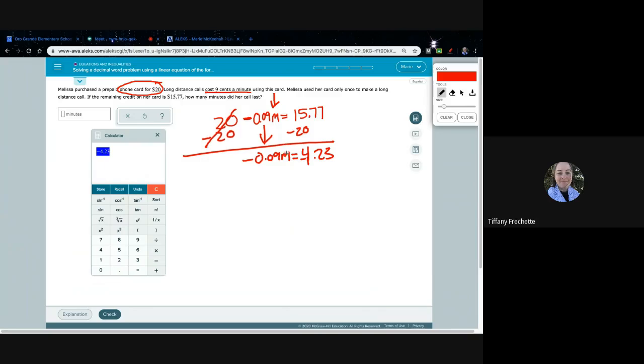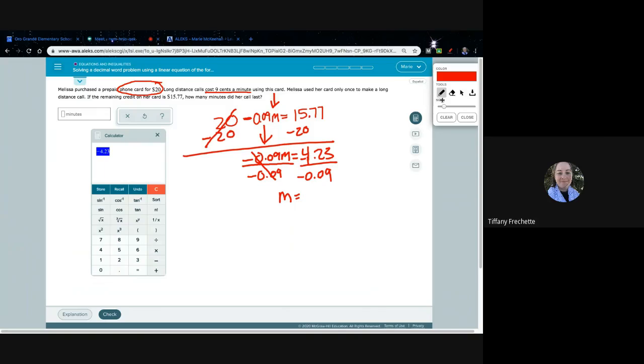And then the last step to get this M by itself, I want to undo the multiplication. So I'm going to divide by negative 0.09. I'm going to leave the M because I want the M to stay there. So I'm dividing. So I have 0.09 divided by 0.09. Any number divided by itself cancels, and the M just drops down.